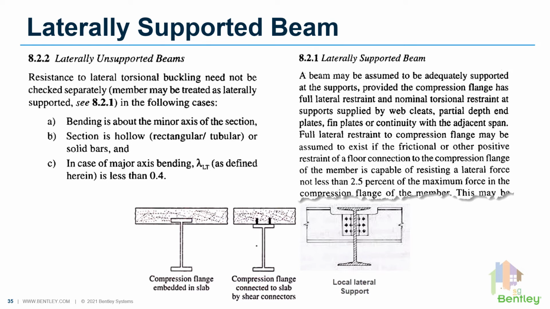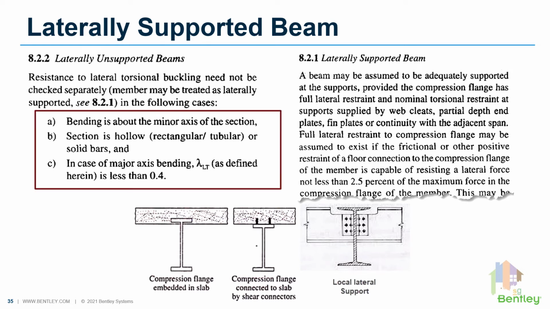Now, code suggests that lateral torsional buckling effect can be neglected if the bending is about minor axis, for hollow sections, where the chance of lateral torsional buckling is very nominal, and also if the non-dimensional slenderness ratio is less than 0.4 for major axis. Small lambda LT value indicates large MCR value, which means chance of lateral torsional buckling is very nominal.